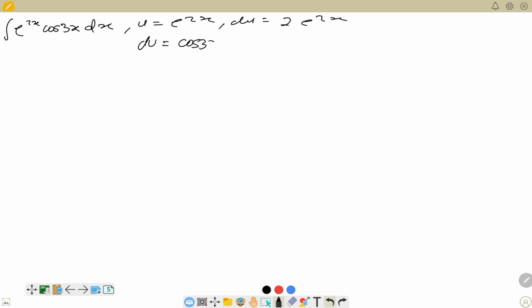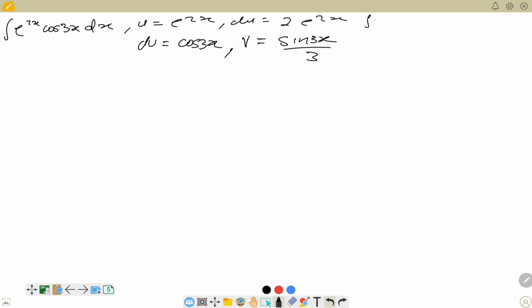Then if we say that dv is cos 3x, there's someone making noise outside. Apologies for that. Let's continue. Then v is equal to, when we integrate cos 3x, sine 3x over 3. So that's what we get.